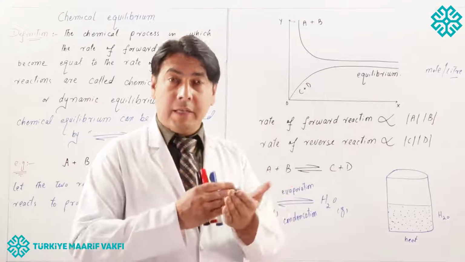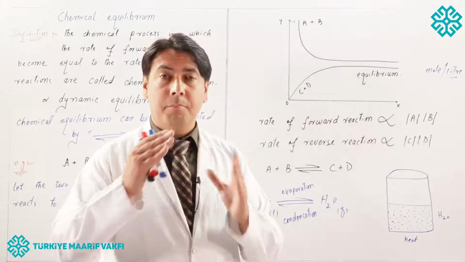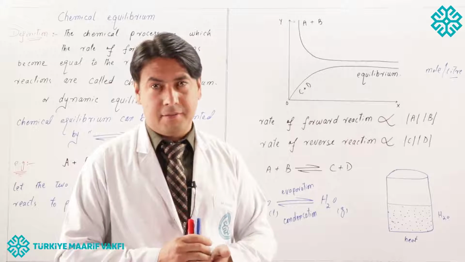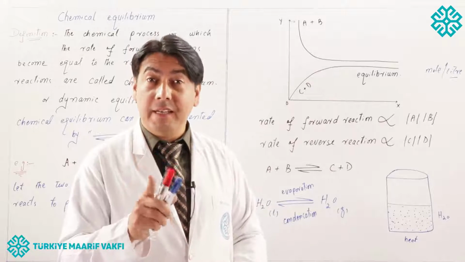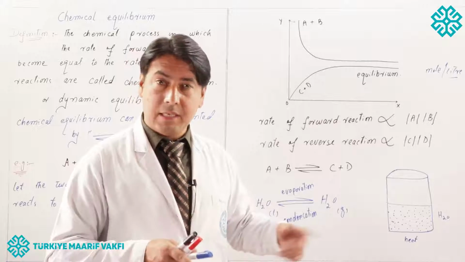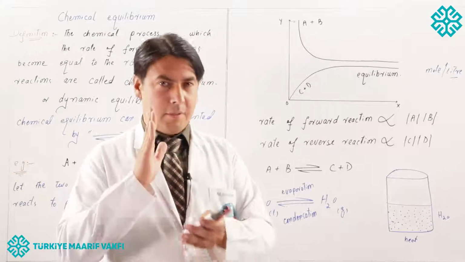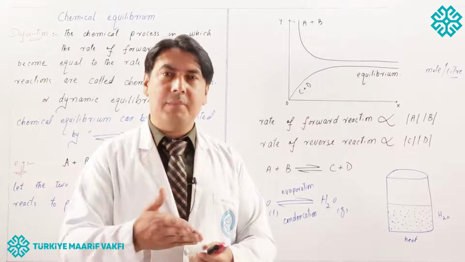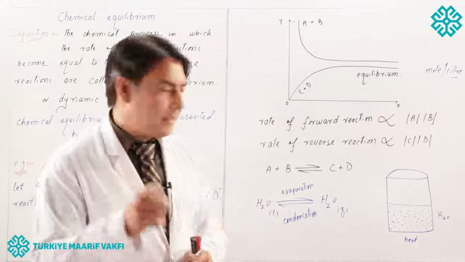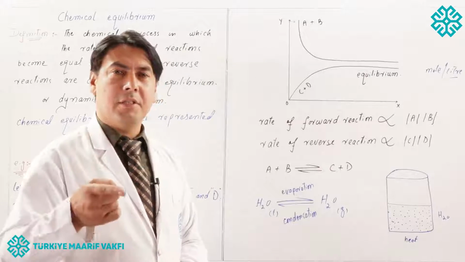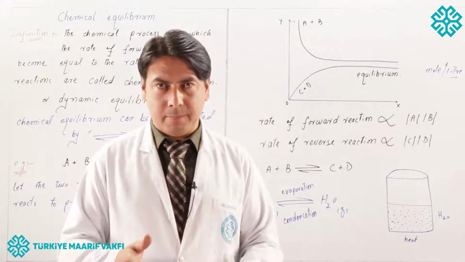Again, if the rate of evaporation becomes equal to the rate of condensation, then this is also called equilibrium, but we simply call it dynamic equilibrium because this is a physical process, in which liquid converts into vapors and reversibly the vapors convert into liquid. The stage at which the rate of evaporation becomes equal to the rate of condensation is called equilibrium.